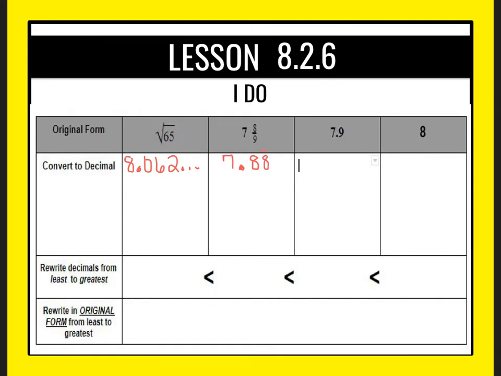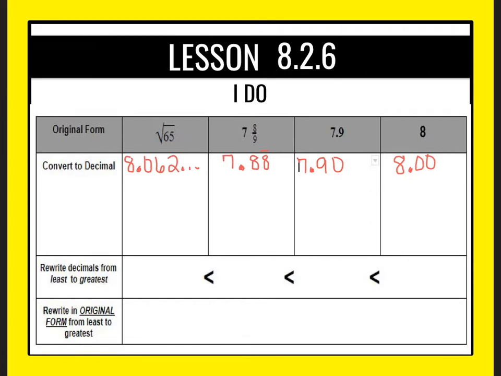Okay, so that 8 is going to repeat. 7.9 has definitely terminated, and then 8. So I'm going to write everything as I would in money, okay? $8, $7.90, etc. So your job in this first example is to write things from least to greatest.